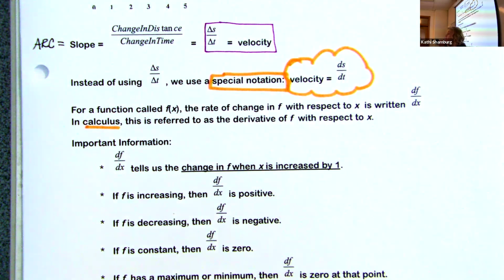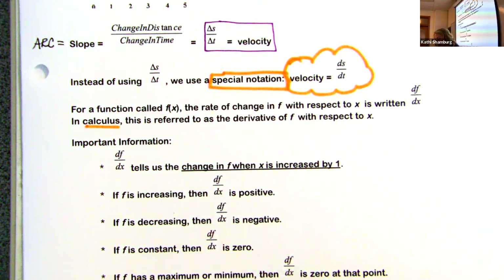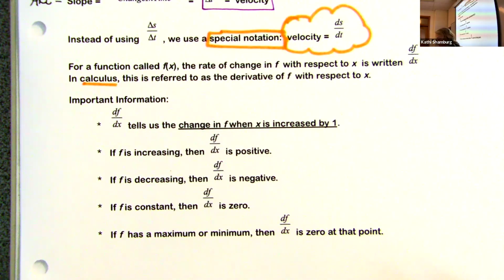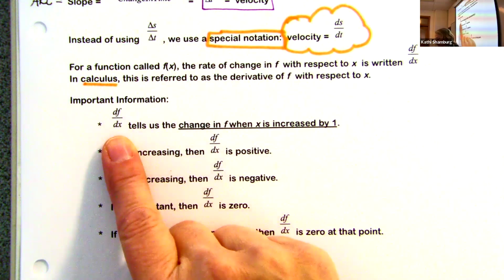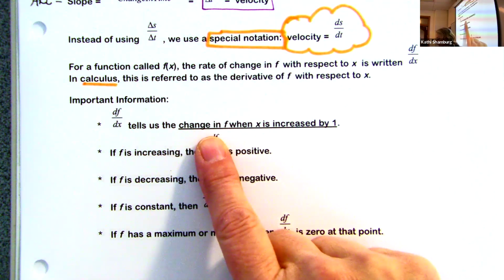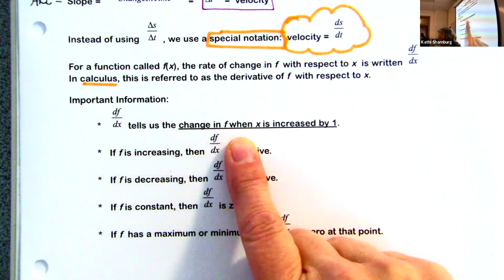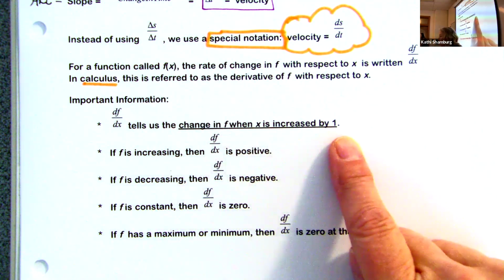Okay, all right, so let's tear all that away and go, okay, yeah, but what do I need for this class? Okay, here's your important information down here. df dx tells us the change in f when x is increased by 1.